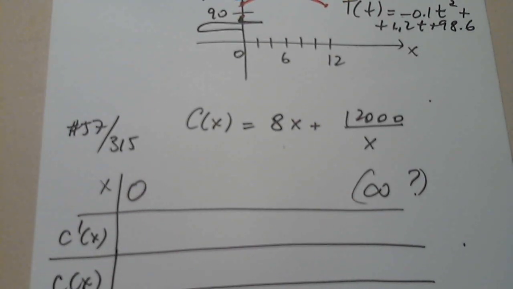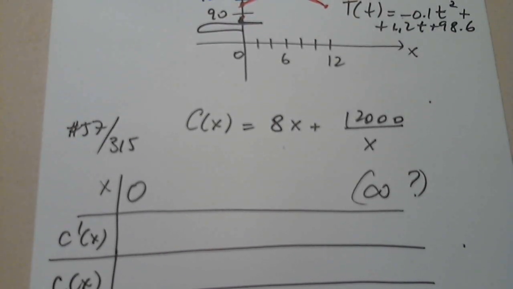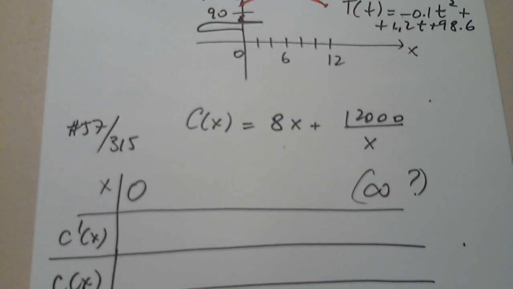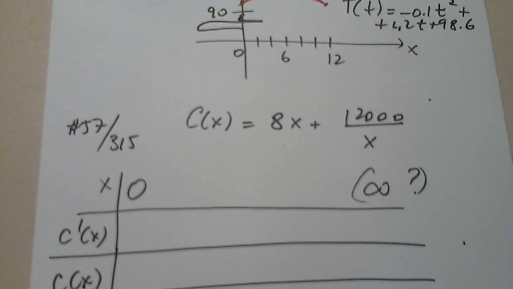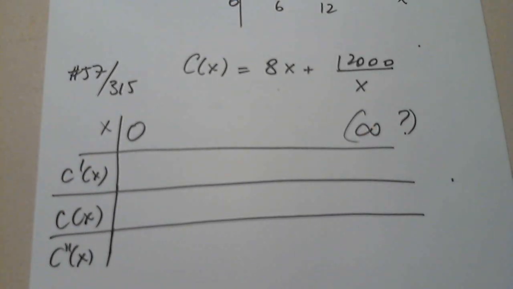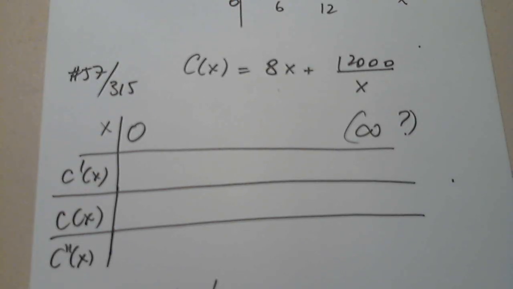They're not asking us to graph the function. They're not asking us to find concavity, inflection points. So what do I have to find first? The first derivative? Absolutely. Now, please remember, when we differentiate 1 over x, does anyone remember what this equals? Because this is a very important situation.